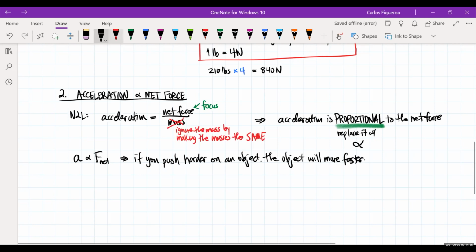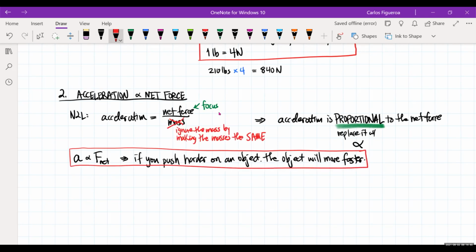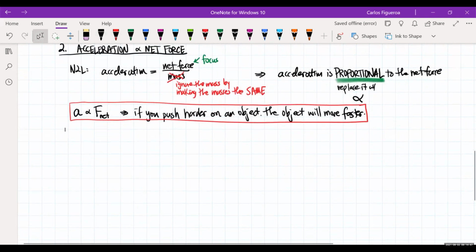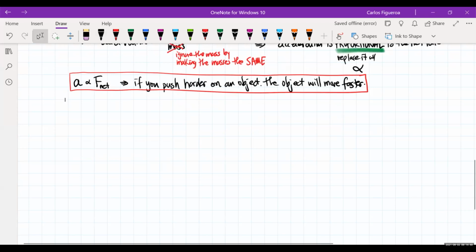That's what this tells me. But these are just a bunch of words. What we want to do is pictures. Pictures are worth a lot, right? So let's look at this thing here.